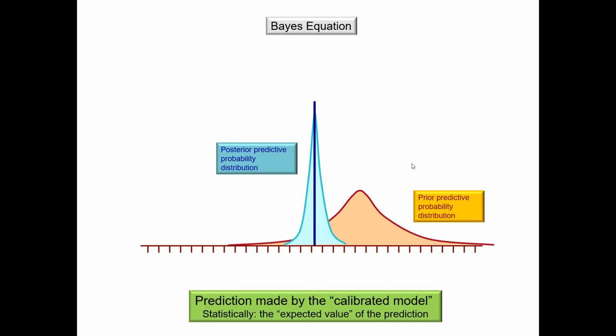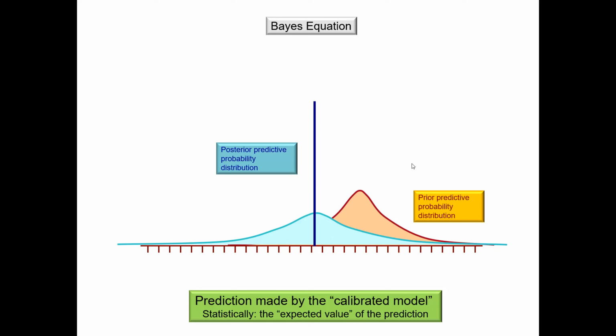However, this does beg the question, maybe I can justify that I'm near the center of the posterior predictive probability distribution, but what am I near the center of? This, or this, or this?